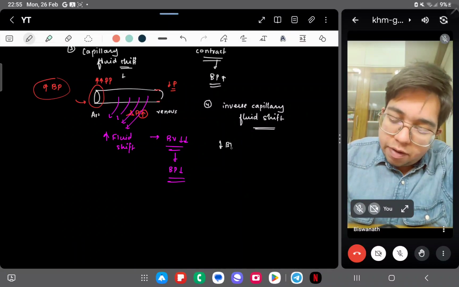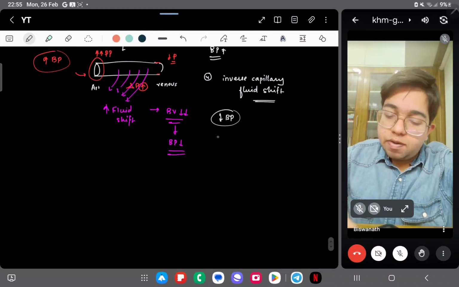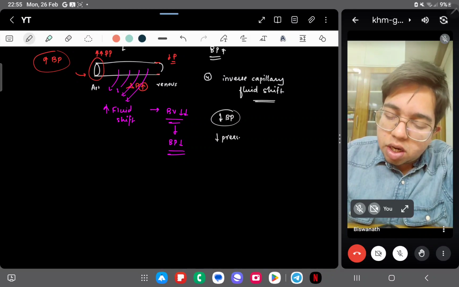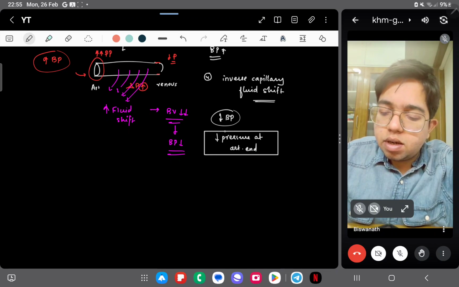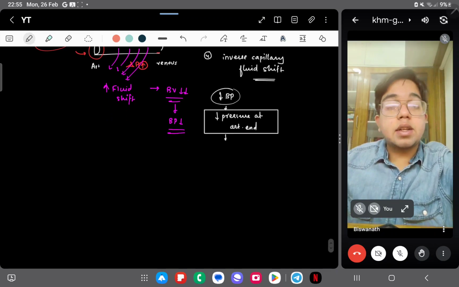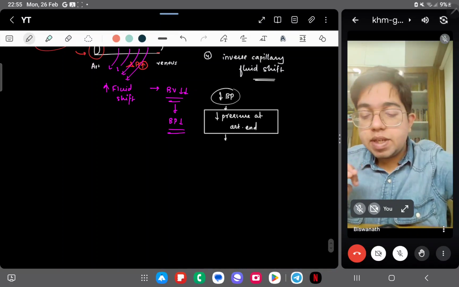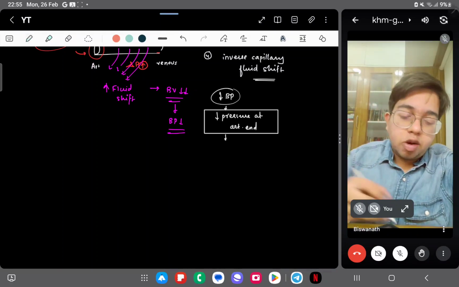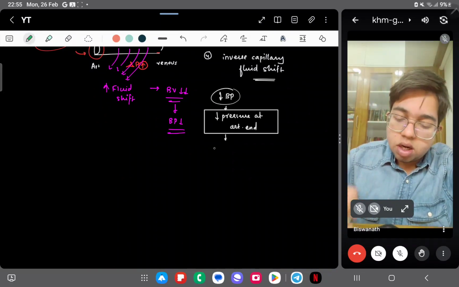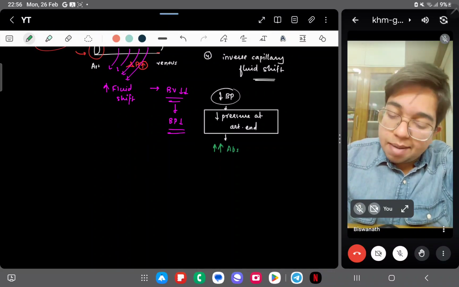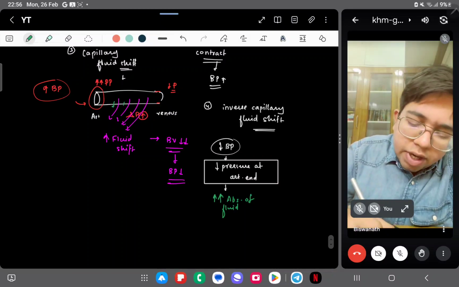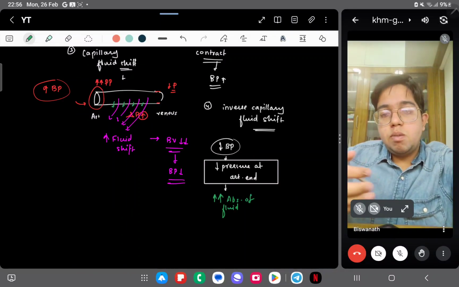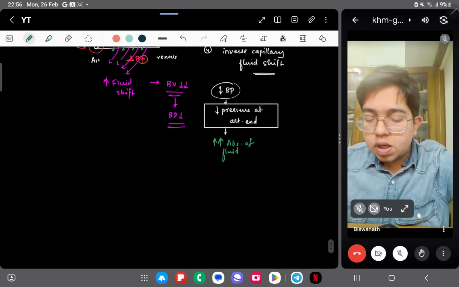Let's say we have a fall in BP. If the BP is falling, there will be decreased pressure at the arterial end of the capillary. If there is decreased pressure, there will be increased absorption of fluid, or you can say less fluid is now coming out of the pores.